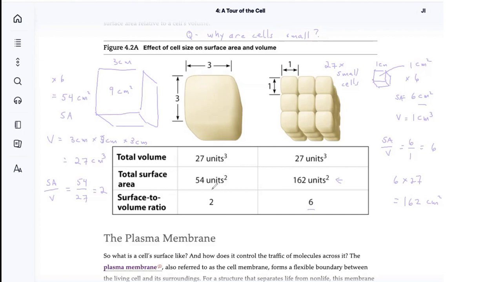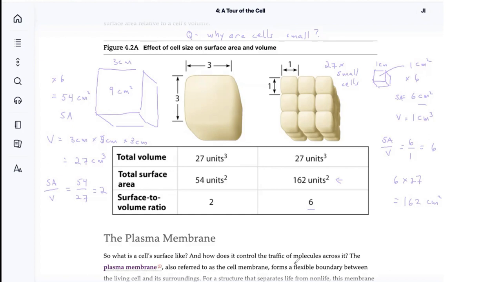Okay, I'm going to start talking now. In that little explanation you wrote for why cells are small, it should include something like, well, small cells have a higher surface area to volume ratio, and surface area to volume ratio must be important for cells in some way, because if it weren't important, then cells would simply get larger and larger and larger, right?